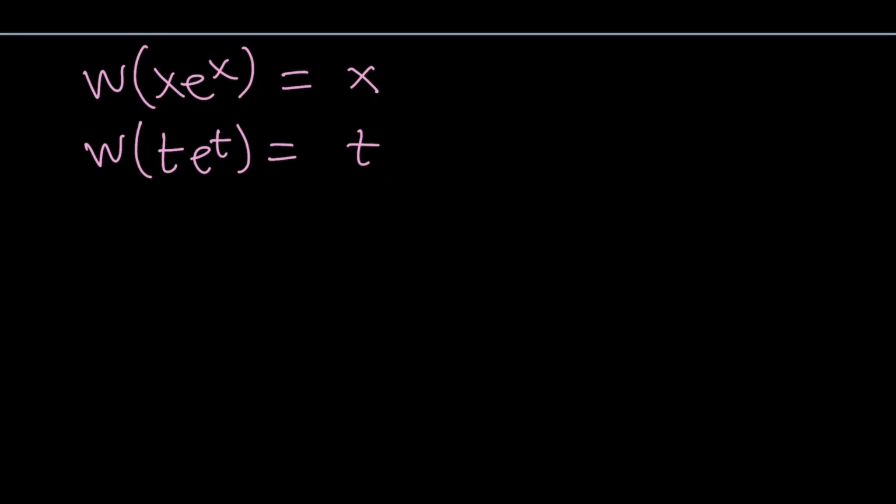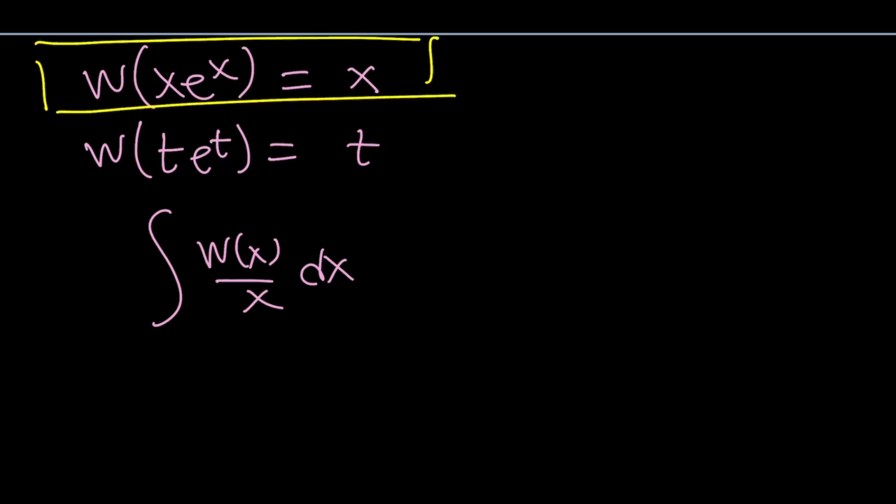So again, we're going to be integrating w of x divided by x dx. I'm going to start by using substitution. A lot of times with these problems, we must use substitution because we have really cool formulas that give us the relationship between x and x e to the x. So let's call this u.